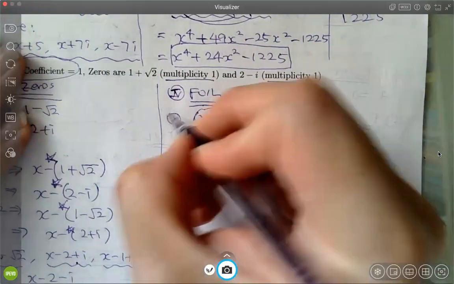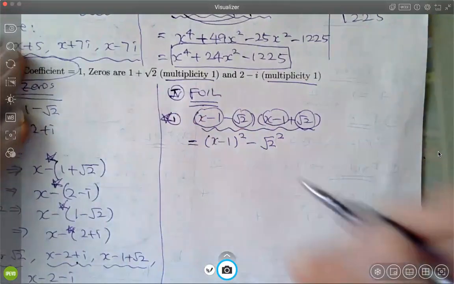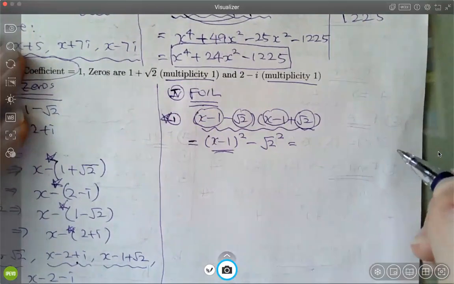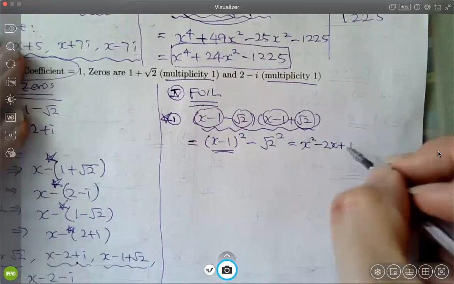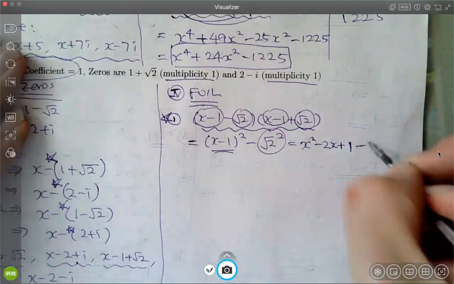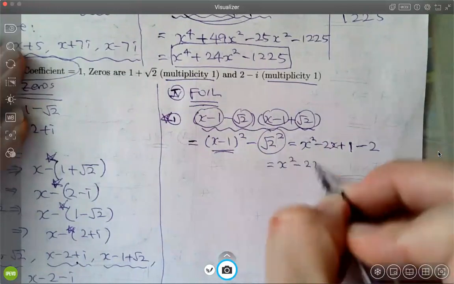This is kind of tricky, as you can see. So what do you get? This one you must FOIL, right? So you get x squared minus 2x plus 1. And then what is square root of 2 squared? That's just 2, so it's just minus 2. And so you have x squared minus 2x minus 1.